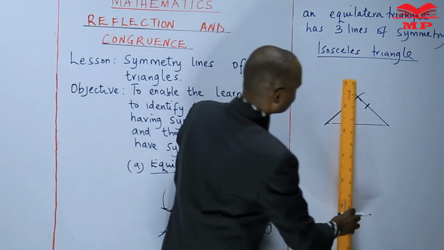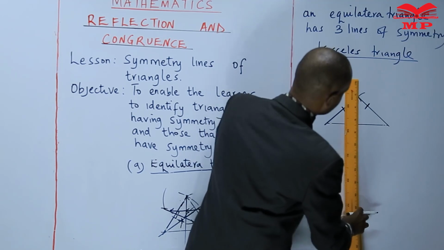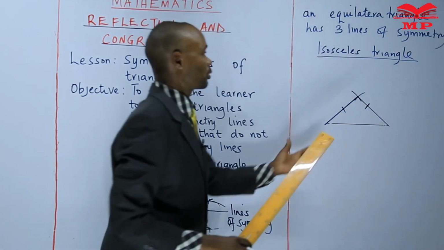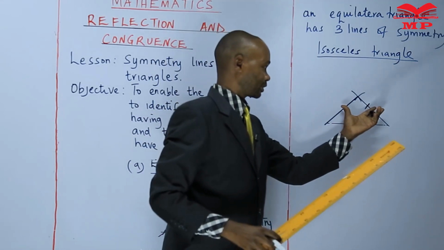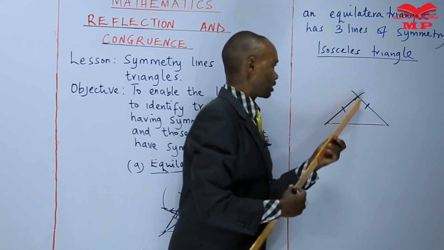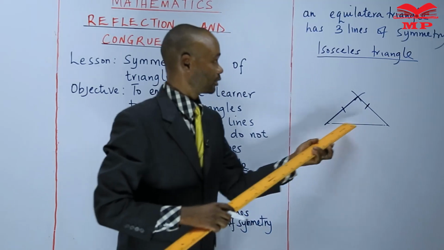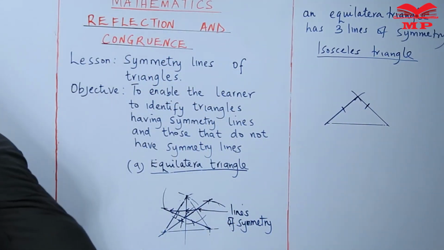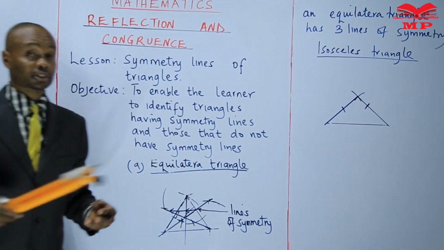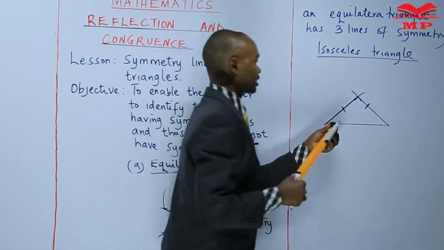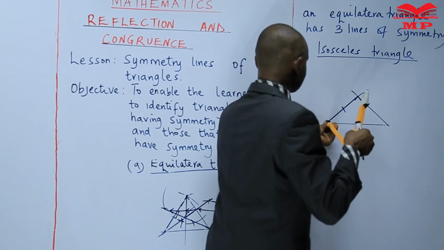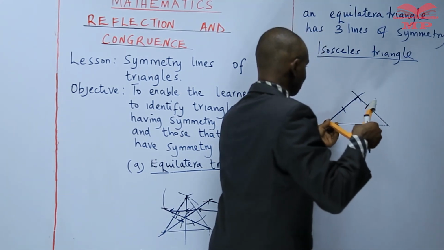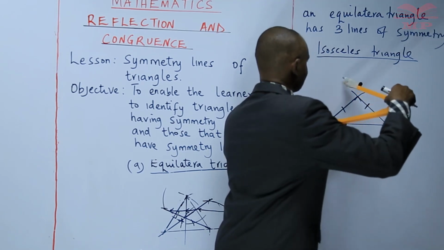So we realize it only has 1 line of symmetry passing through where the 2 equal sides meet. So they can tell you to show the line of symmetry by construction. To do that, learner, you bisect the longer side, then an equal side.